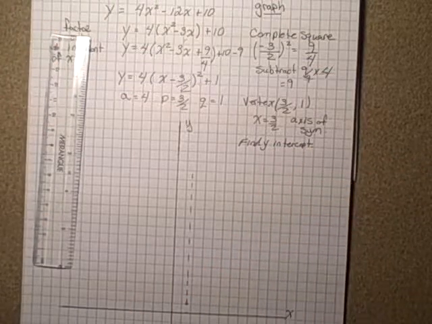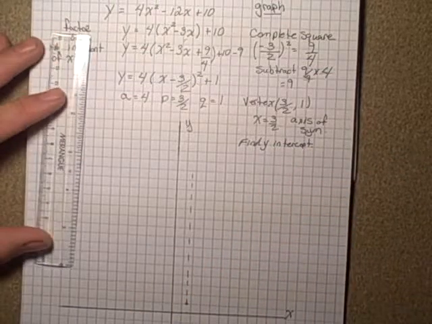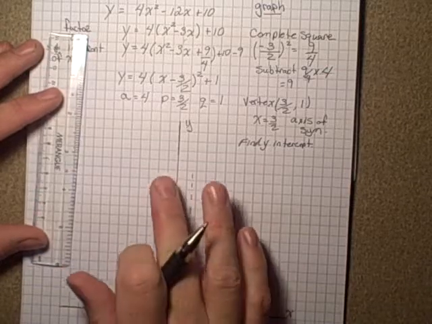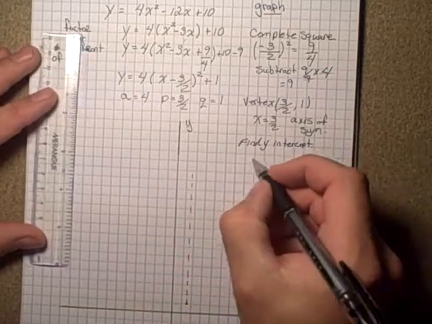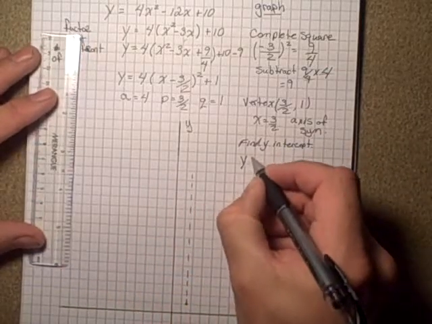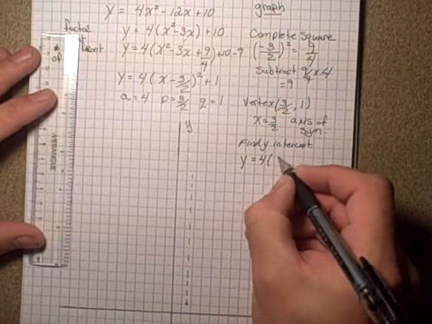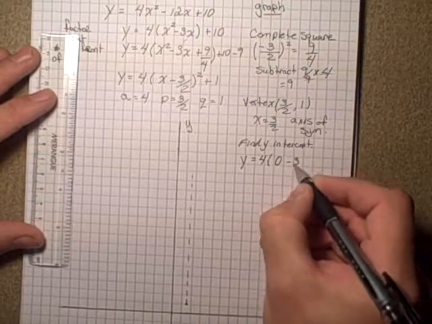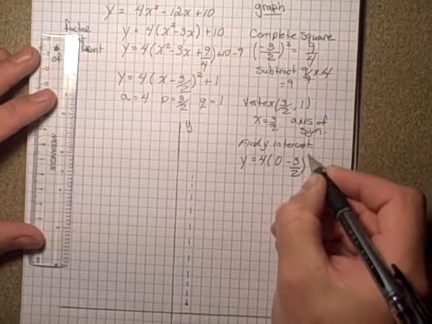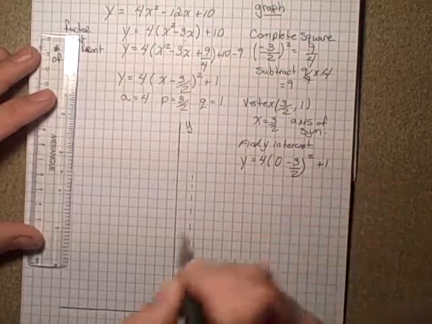What does that mean? Well, we have to plug in x is equal to 0. Where x is 0, we'll get where the graph is going to cross the y-axis. So y is equal to 4 times 0 minus 3 over 2, all squared, plus 1.